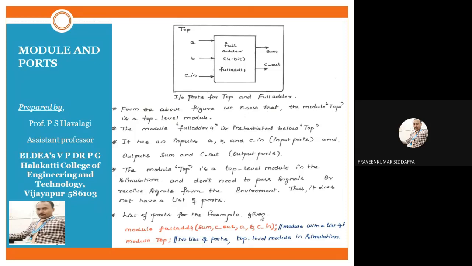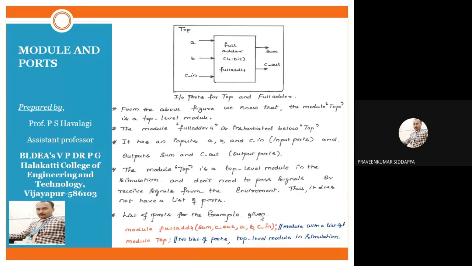Here we are designing the full adder, which we have named full adder 4. Whatever we are designing, this whole thing should be a top-level model. This top-level model has three inputs, A, B, C, and two outputs, called sum and C out.